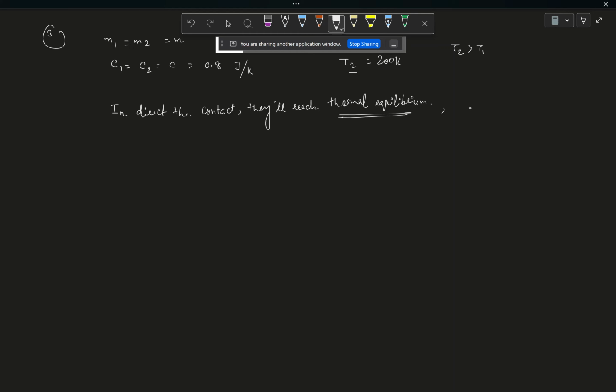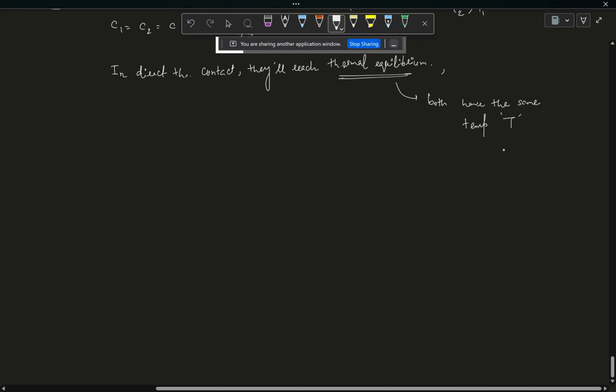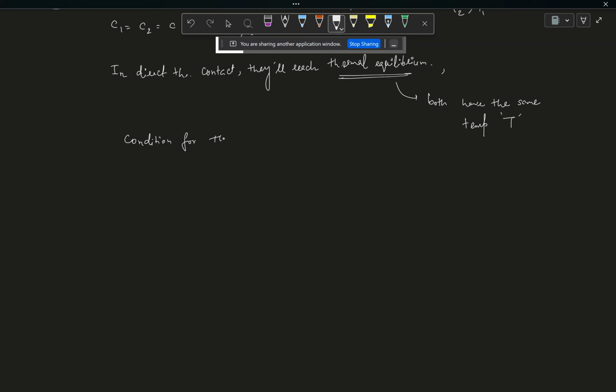So basically here, let's say after they have reached thermal equilibrium, both have the same temperature T. So the condition for thermal equilibrium is that heat released by the hot body will be equal to heat absorbed by the cold body.